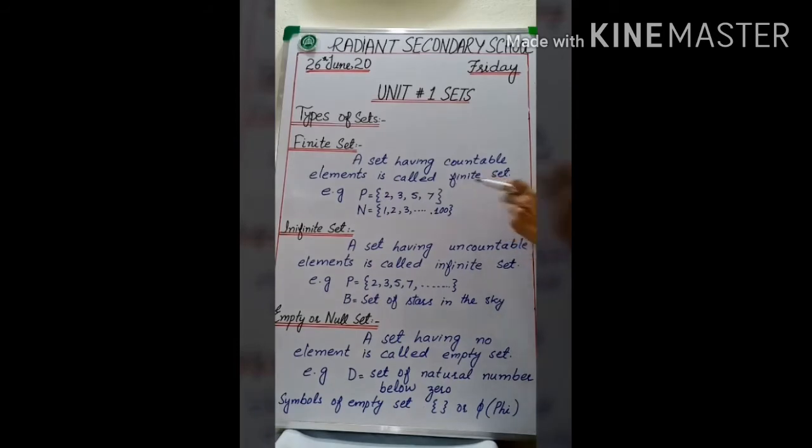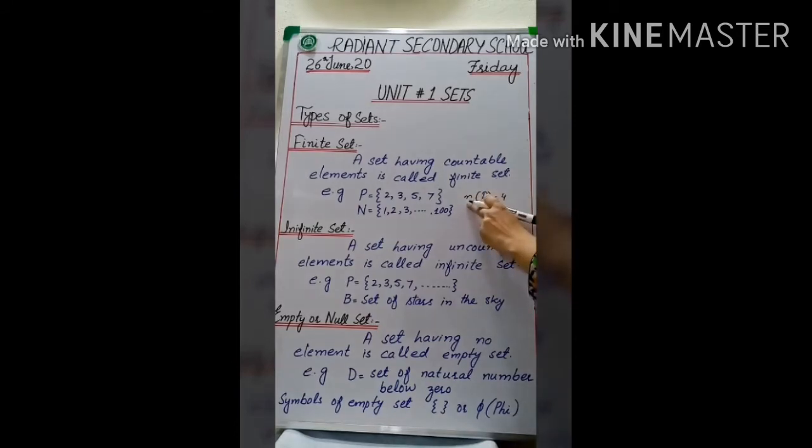Look, in this example, this is a set of prime numbers, but first four prime numbers. And this is a set of natural numbers, but the set of natural numbers up to 100. So you can easily tell the number of elements in set P. So the number of elements in set P, that will be 4.